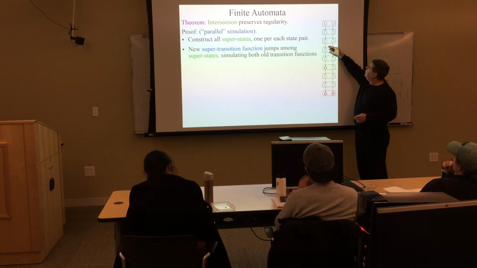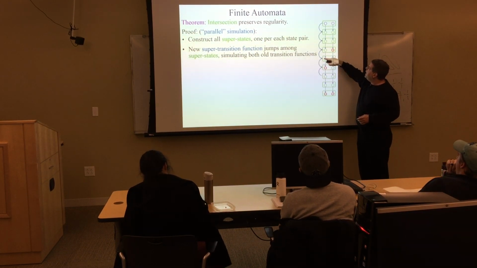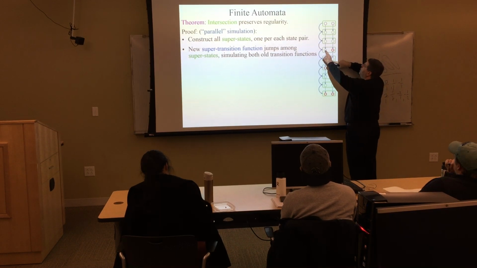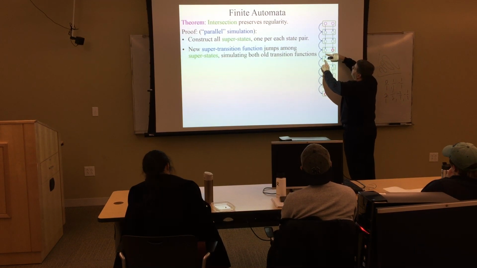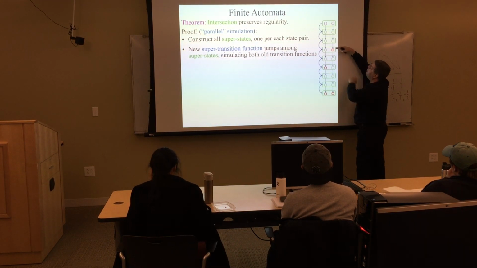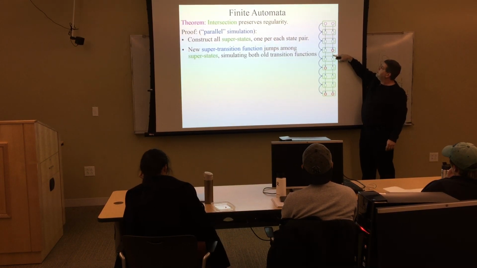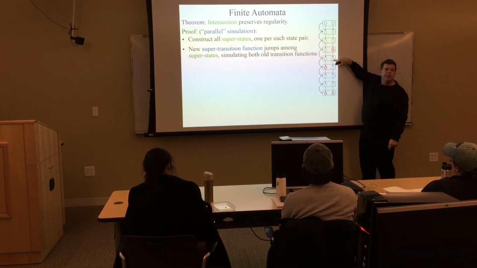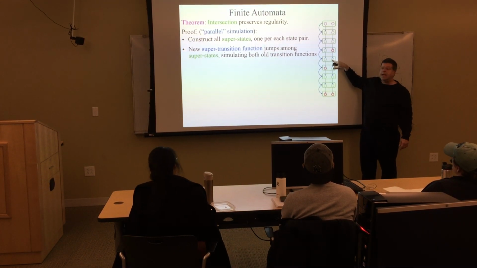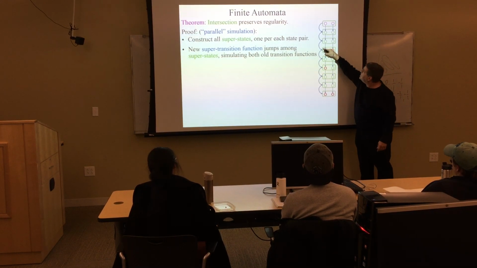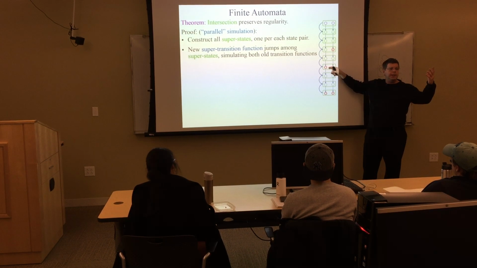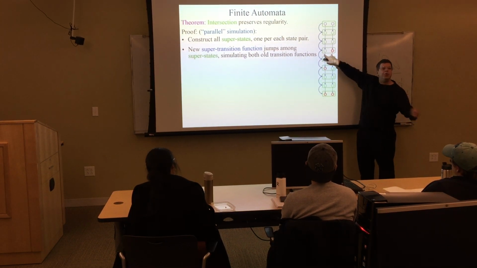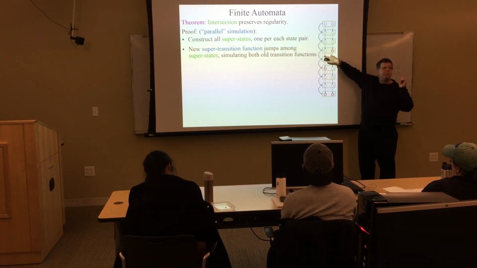One superstate will transition to another superstate if and only if the first component of the first superstate transitions, using the transition function of the first machine, into the first component of the second superstate. And at the same time, the second component of the first superstate transitions, according to the transition function of the second machine, to the second component of the next superstate. If both of these conditions are true, I transition this superstate to that superstate in one jump. So this transition here in blue represents two transitions in the two machines respectively that happen simultaneously on the same input character, one of the symbols in W.